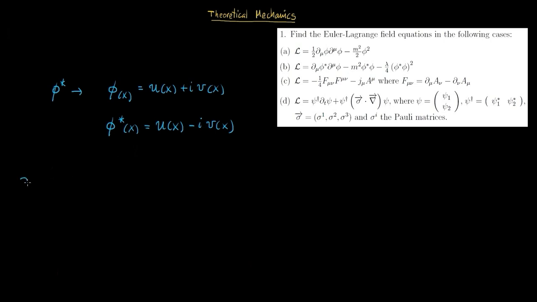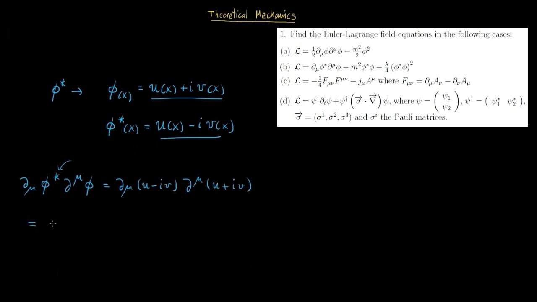And if you perform partial mu phi star partial mu phi, you will have partial mu u minus i partial mu v, because of this star, times partial mu u plus i partial mu v.